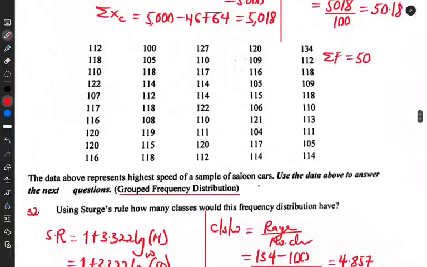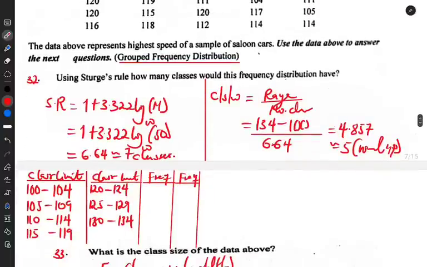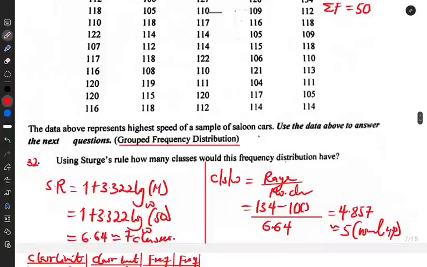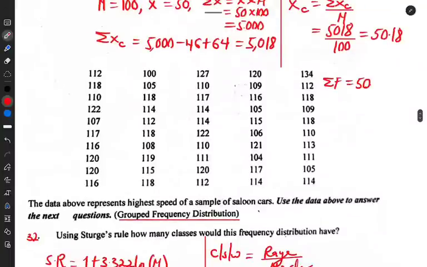We then have to come back to our table. We are looking at the data that will fall between 100 and 104. Let's see how those data will naturally flow here. So let's start.